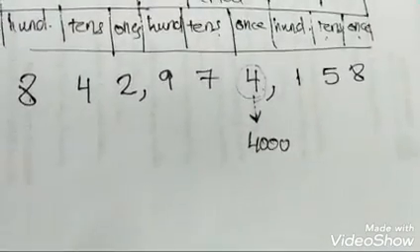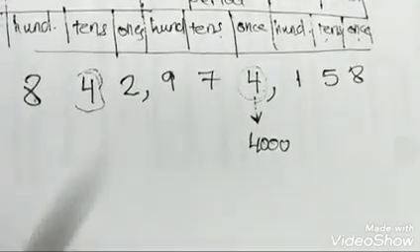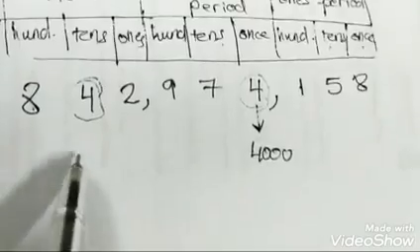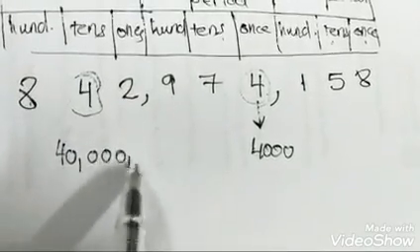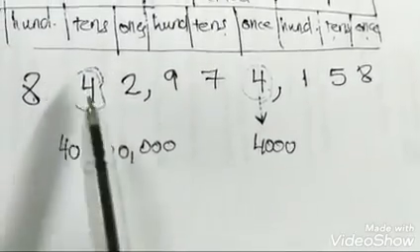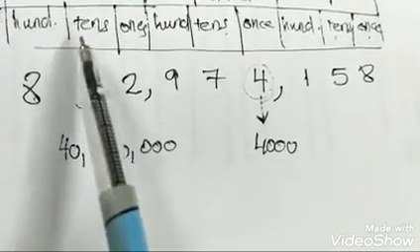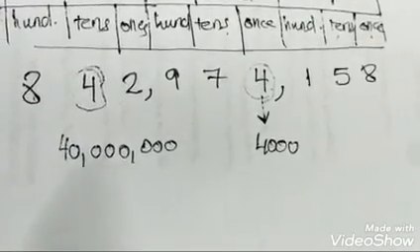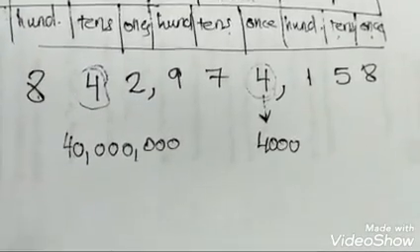Then the 4 here, the value of it is 40 million, and the place value for it is 10 million.